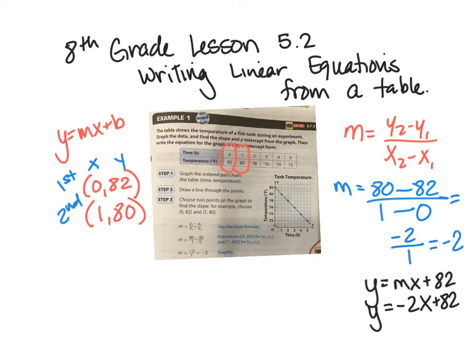Oh my goodness, looky there. Winner, winner, chicken dinner. There it is. Both ways to do it. I wanted to dust off cobwebs to show you that. So the answer, if they were looking for, is y equals negative 2x plus 82.